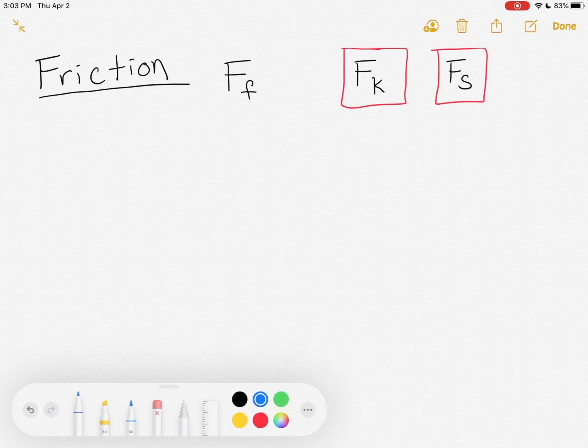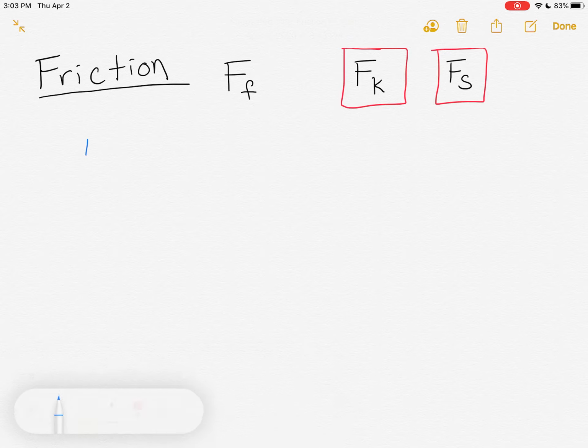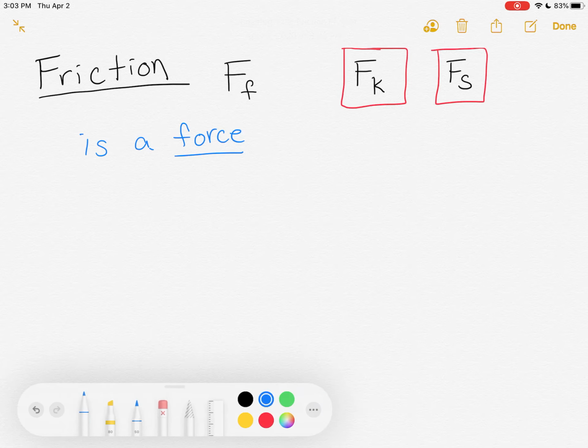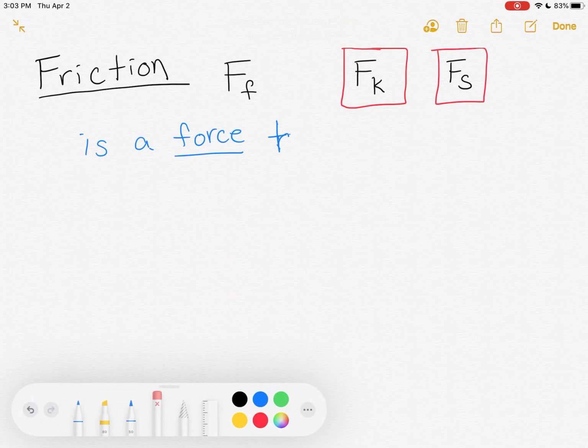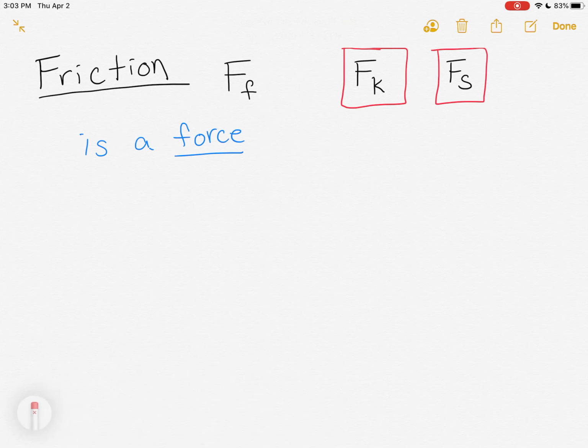We're going to start with a quick definition of what friction actually is. In physics, friction is a force that does one of two things.